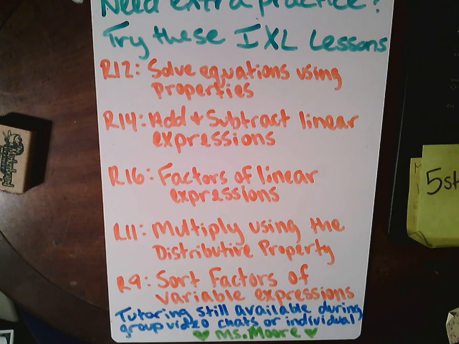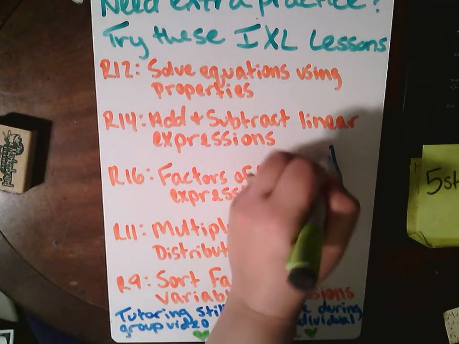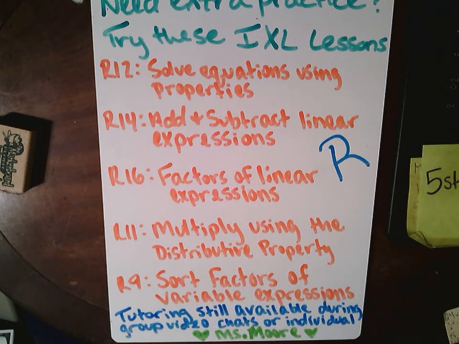Alright, so in no way, shape, or form is this required. Again, no way, shape, or form do you have to do this. It is not an assignment. But if you need extra practice, if you really are not understanding anything that we are doing, you can try some of these IXL lessons. Really anything under R. Hold on, let me look at what level we're at.